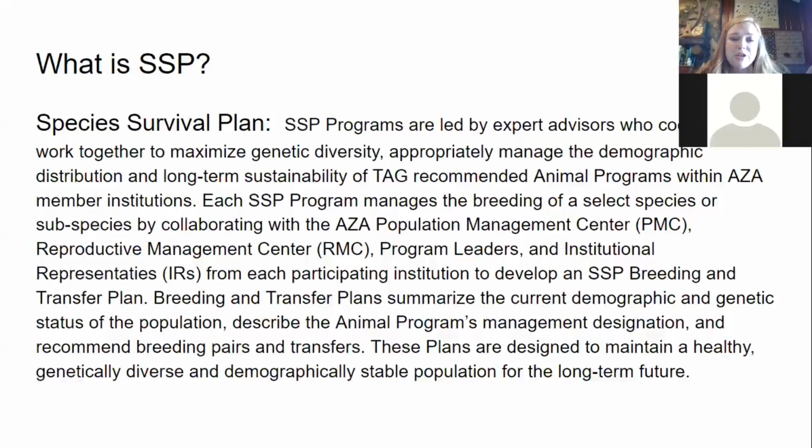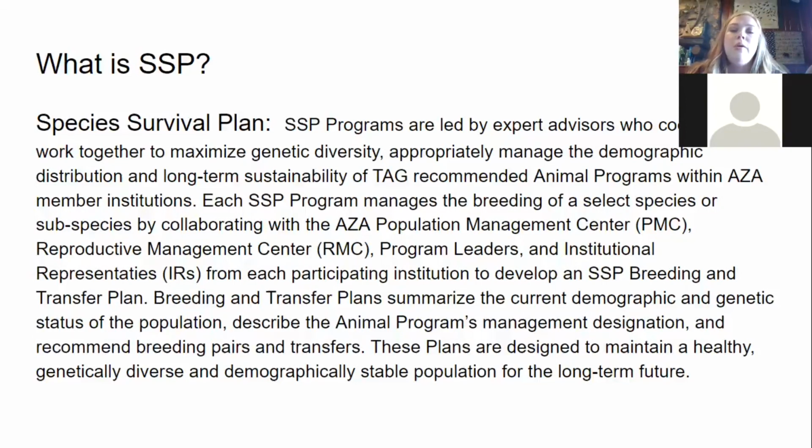All right, so SSP actually does play a role. We're going to talk about what it is and how it plays a role here at Cheaha Park. So SSP stands for Species Survival Plan, and so institutions that have animals that are considered SSP, they work with both large and small facilities to help manage populations of animals.